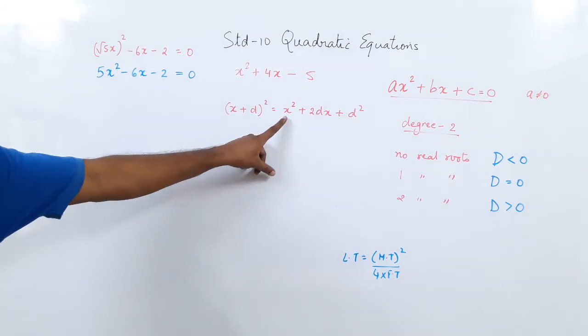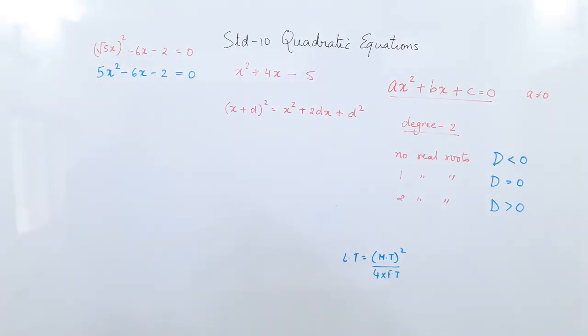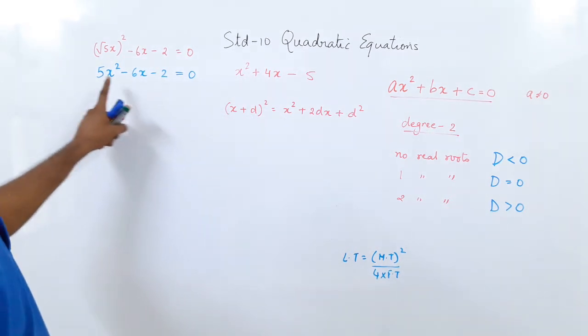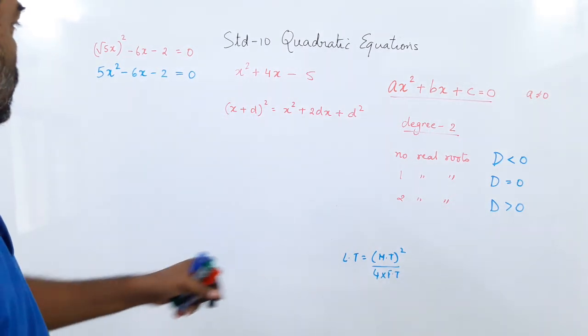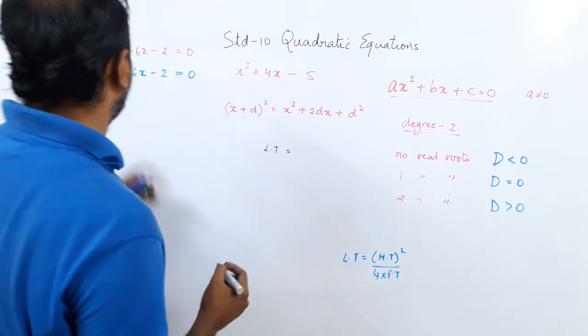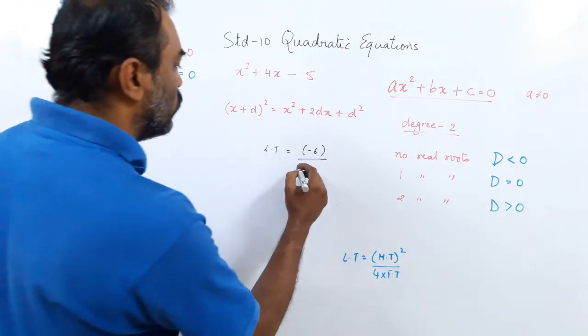To make the first term a perfect square, I have written this root 5x the whole square. Should we try out the method and see if it works or not? Because the first term has to be a perfect square. Now let us see. The last term is middle term, which is minus 6, the whole square upon 4 into first term.